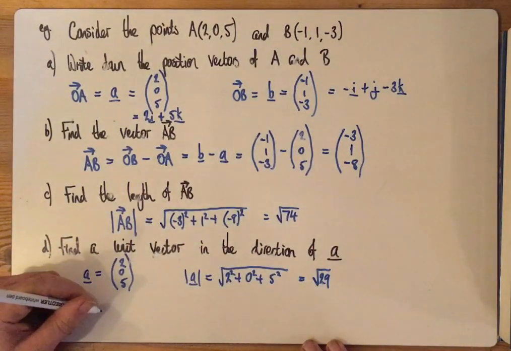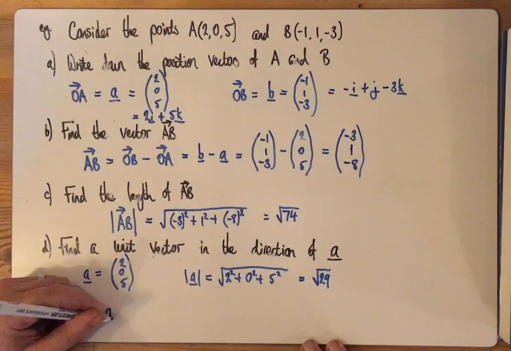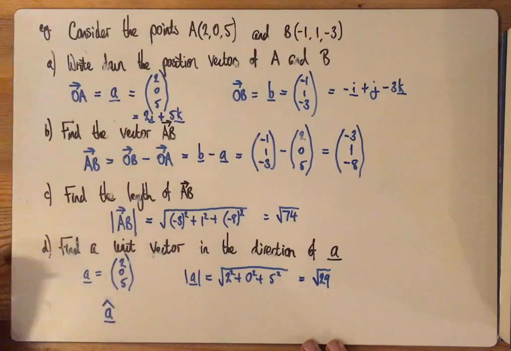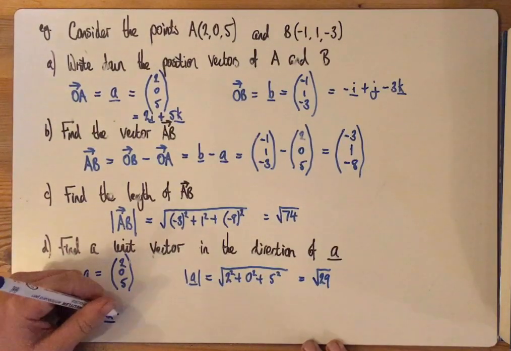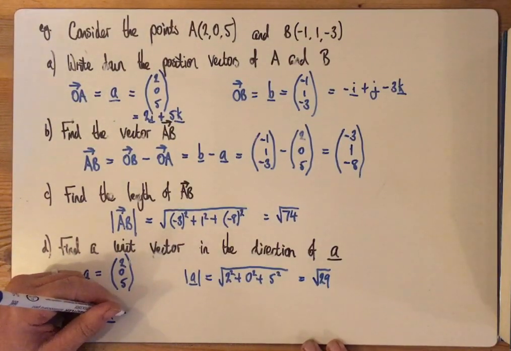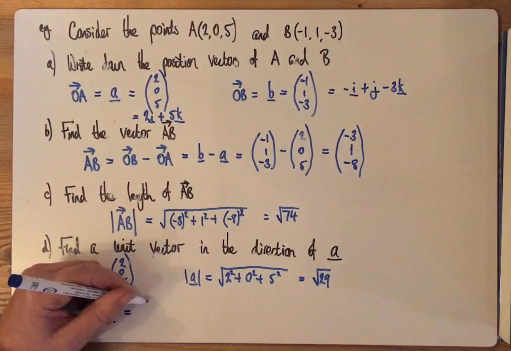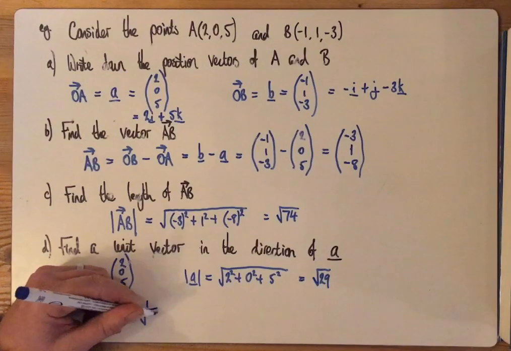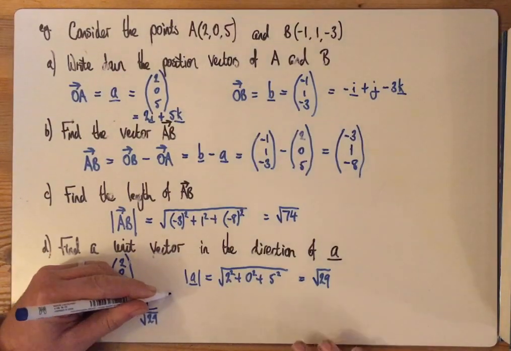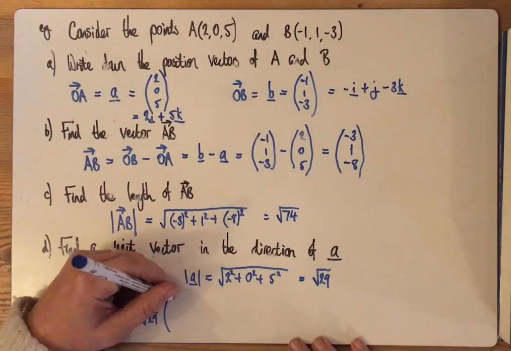So a unit vector in the direction of A, so that's written like that, it has this sort of funny hat on, and it does get called hat, sadly, is 1 over root 29. So I'm dividing through by the magnitude, lots of that vector A.